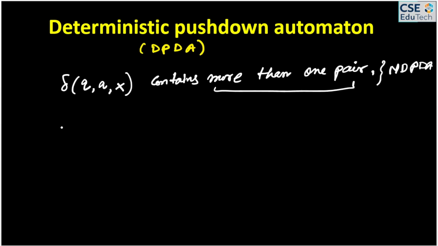However, if delta(q, a, X) is always a singleton, we could still have a choice.